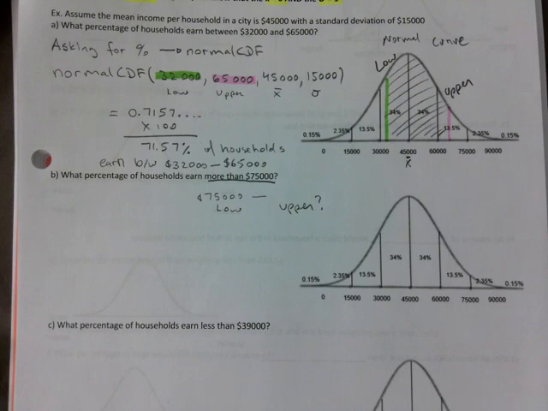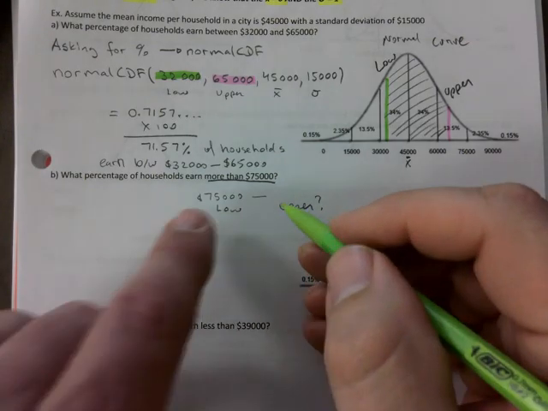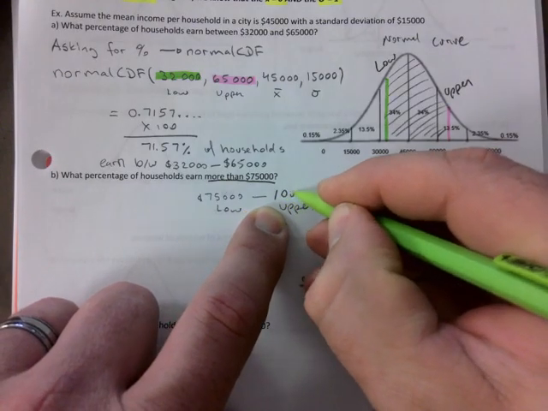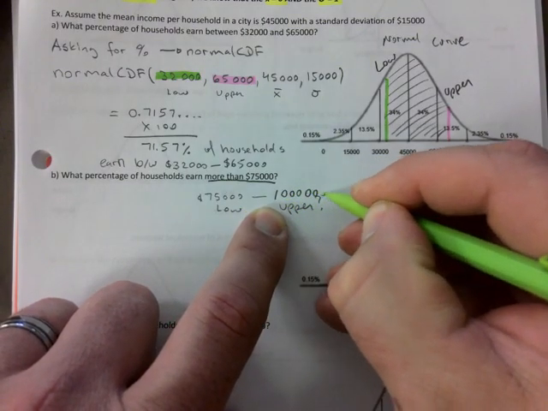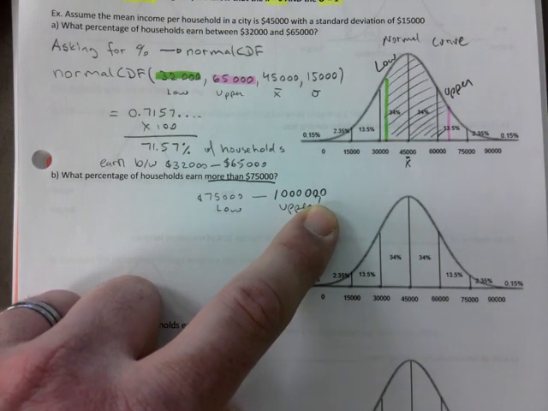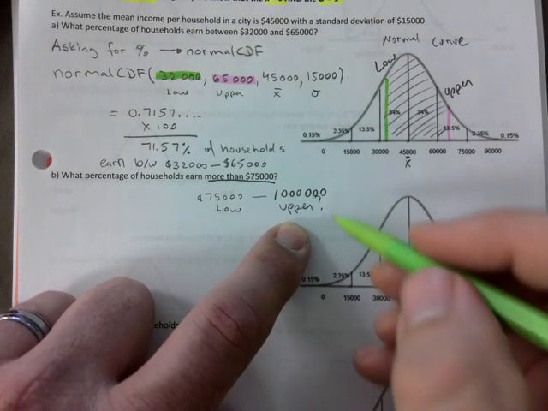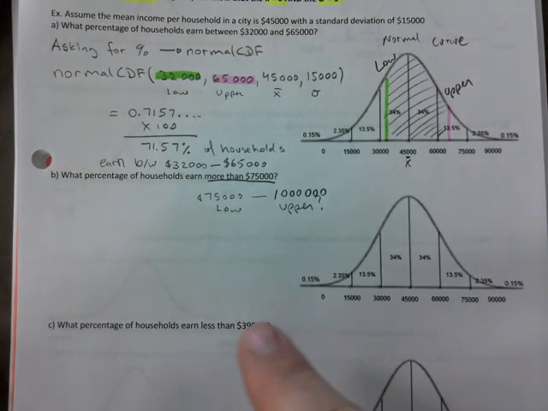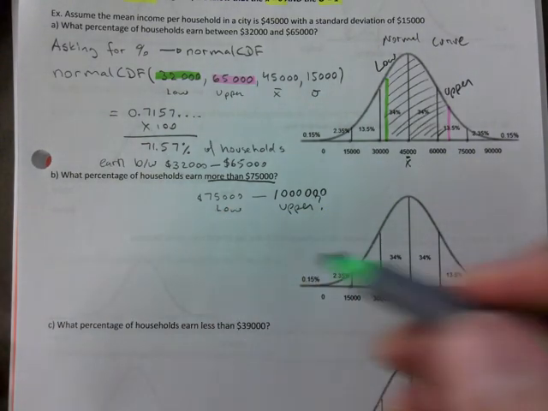So what I will tell you is just put a really big number in there. So we're just going to go really far out to the right as far as you can, and just make sure you include all the households that are far right. So I'm going to say if this is 75,000, I'm going to go 1 million. Okay, just add a bunch of zeros. If you want to add more zeros, that's okay. Okay, so that's what is happening here. So if this is our low, 75,000, right?